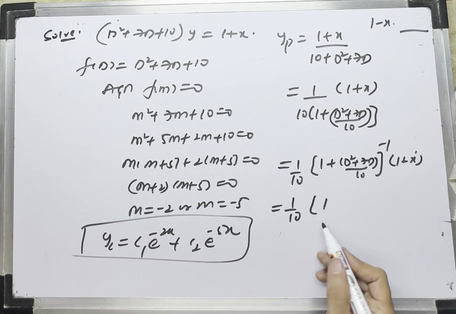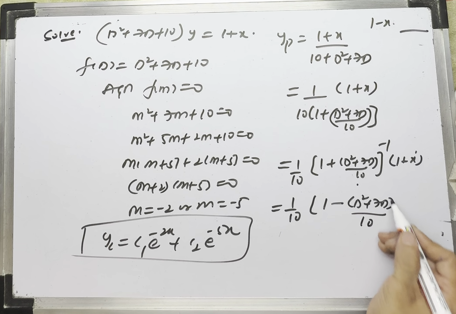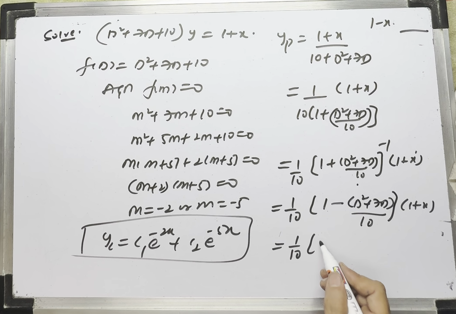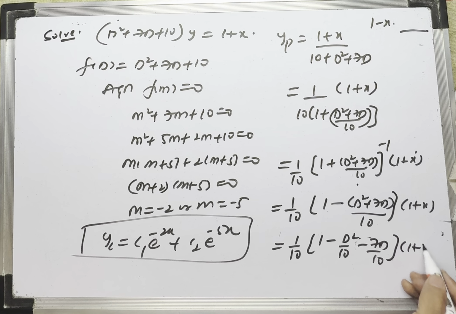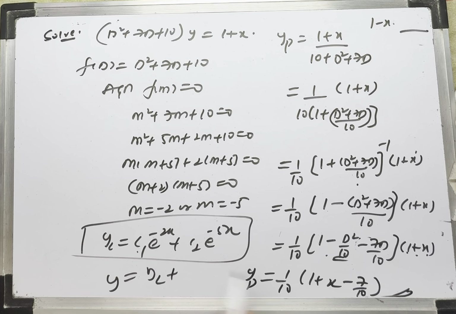We will take only 1 minus x, minus this bracket, this is x, so the whole bracket we have, then 1 plus x. So what will we get? 1 by 10, 1 into 1 plus x, or else you can take D square by 10 plus minus 7D by 10, 1 plus x. This is ignored. Now 1 into 1 plus x is 1 plus x, minus 7D: derivative of 1 is 0, of x is 1, so minus 7 into 1 by 10. So this is our yp. The answer will be y equals yc plus yp. Okay, this is your type 3.